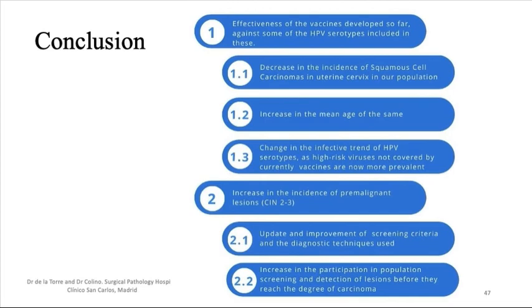Our study affirms the vaccine efficacy against specific HPV serotypes, evidenced by a decline in the incidence of cervical squamous cell carcinoma in our population. This decline is accompanied by an increase in the average age of diagnosis and a shift in the infective trend towards not covered high-risk HPV serotypes.